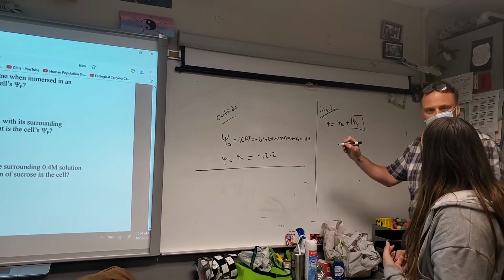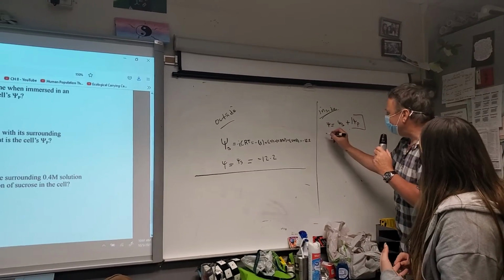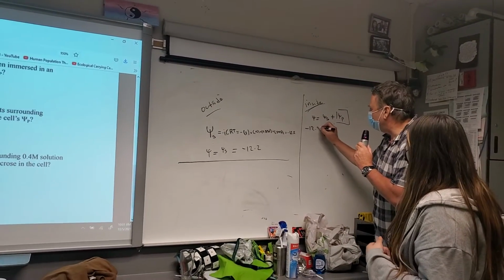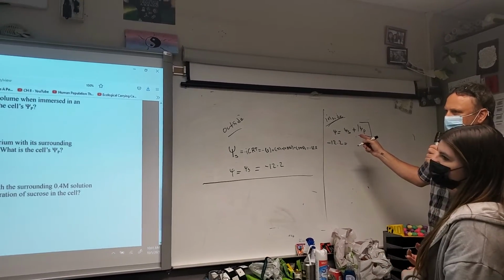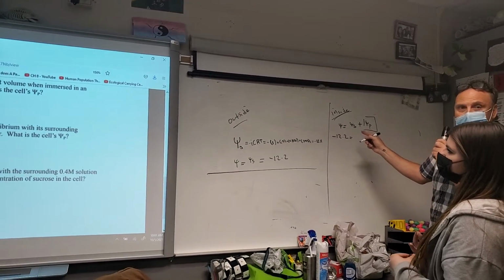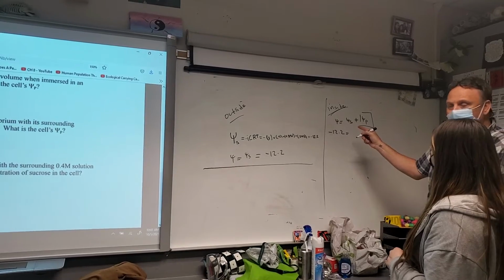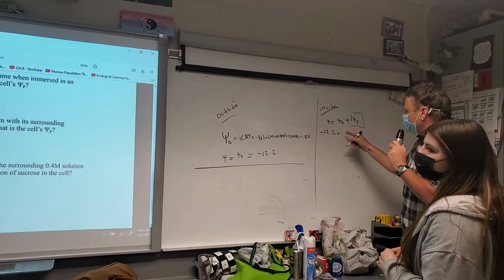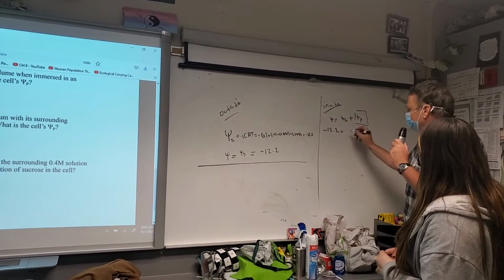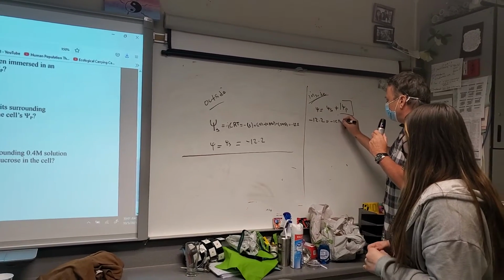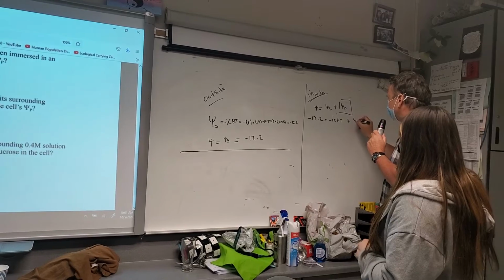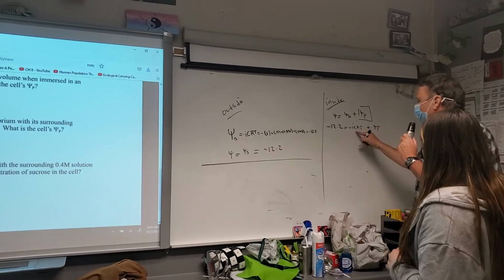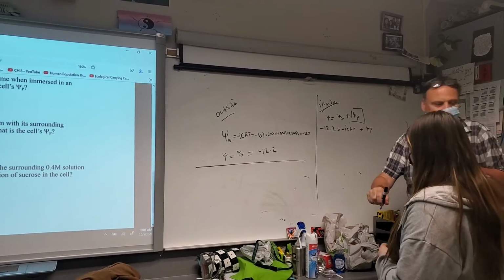So we know psi is negative 12.2 equals, do we know psi s for inside? Not yet, we will. Equals negative ICRT, correct? Plus psi p. And then we're going to solve. So that's our next step.